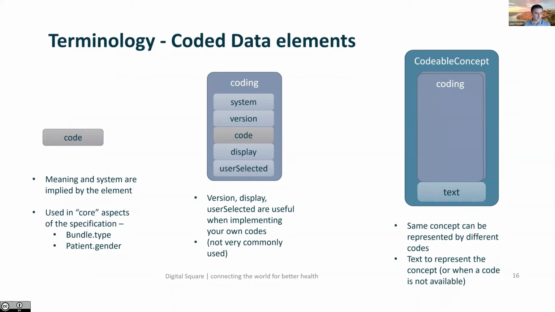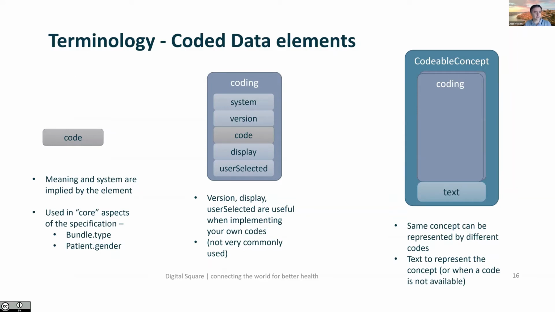In FHIR, when we have an element, it has a certain data type, and there are 3 data types that can be coded. Those are code, coding, and codable concept, and they work pretty much like what I hope the picture represents. When you have a code, it's just the code. You just put really 1, 2, 3 or status or active. That's the code. The meaning and the system of coding are implied by the element.